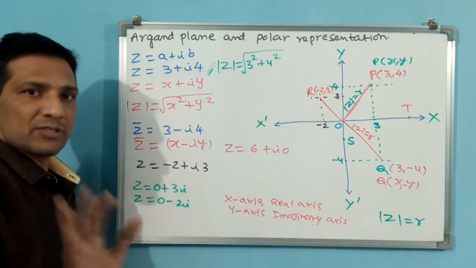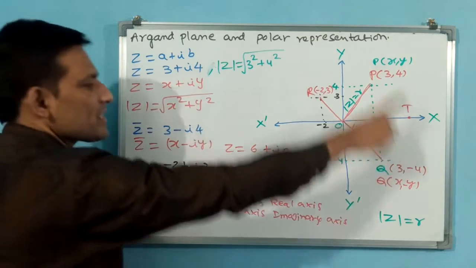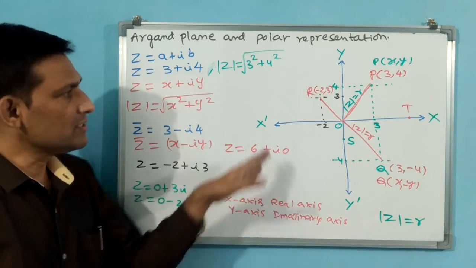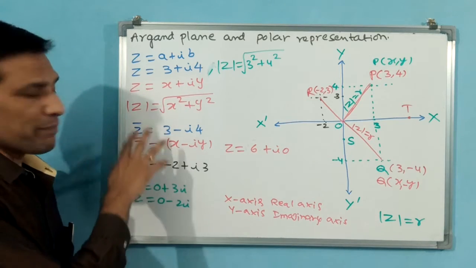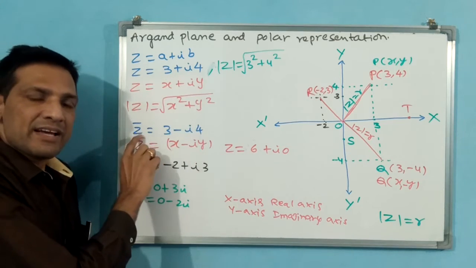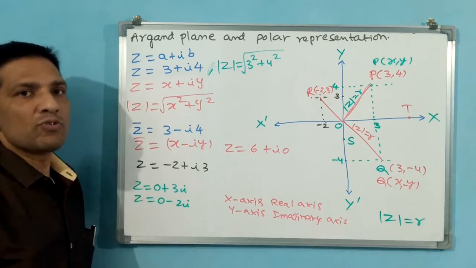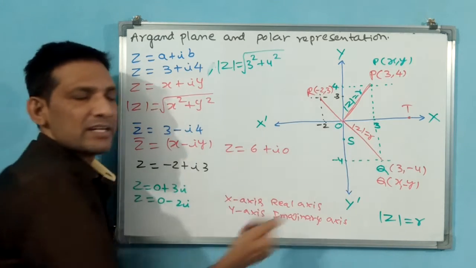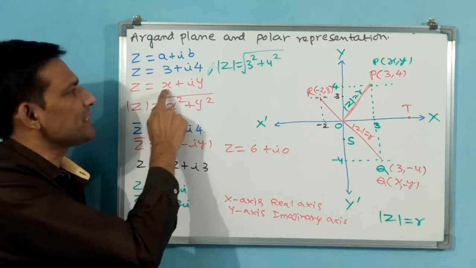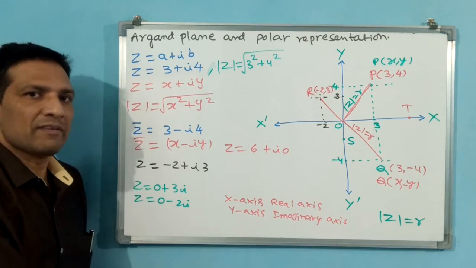See, polar representation we have not yet gone to. First you have to understand what the Argand plane is. We can represent a plus ib as x plus iy. First you have to know this. Now onwards we study x plus iy. Why? Because we are studying graphs, and without the x-axis and y-axis you don't plot a graph.